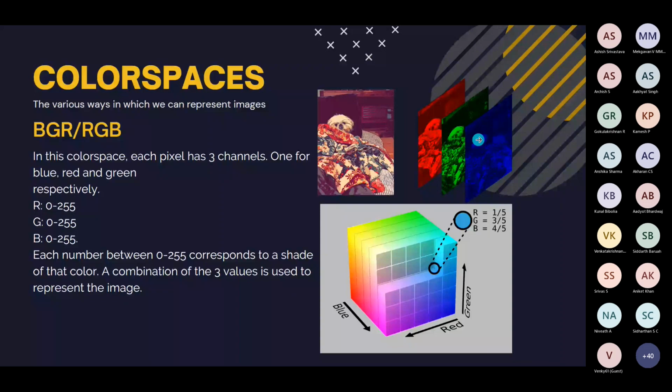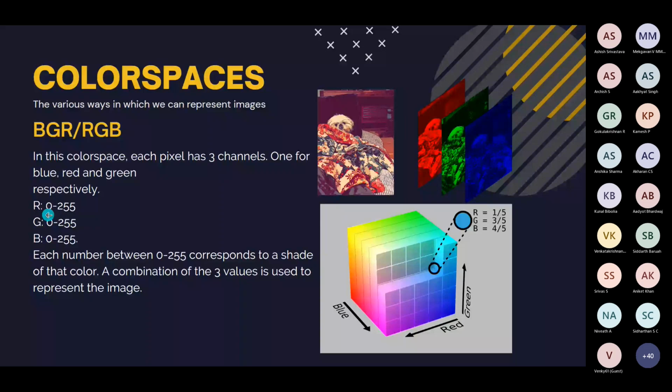It will be blue followed by green followed by red in a BGR color space. In an RGB color space, it will be a reverse of it. So you can just flip these layers, and that will give you the RGB color space. Here also it's pretty simple. The pixel values are between 0 to 255.